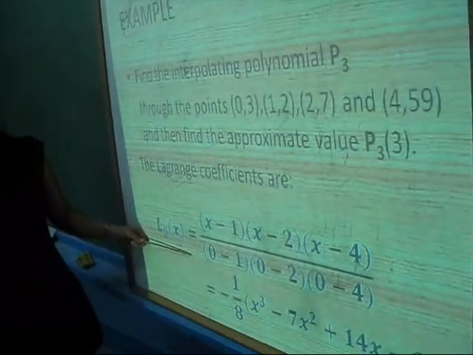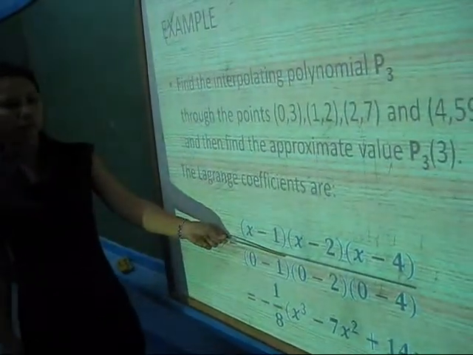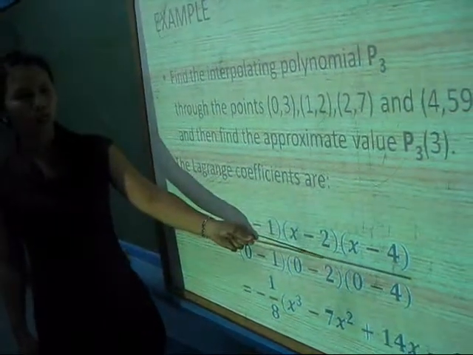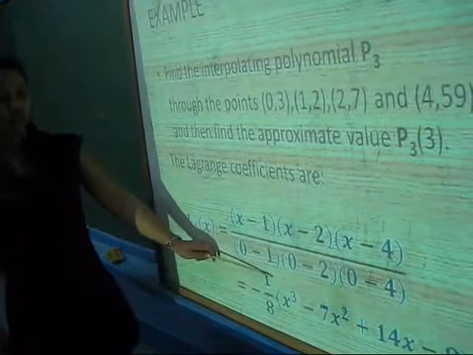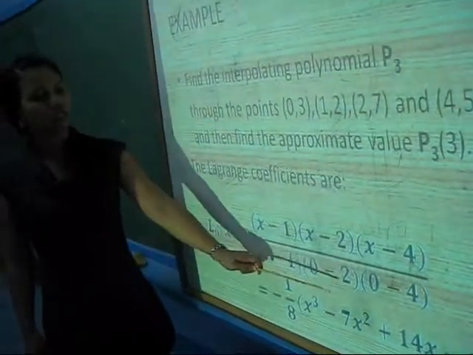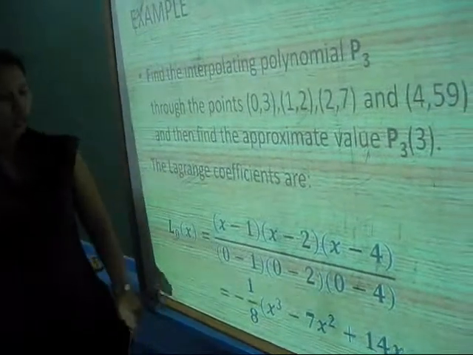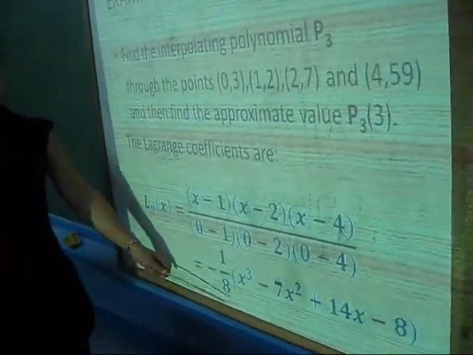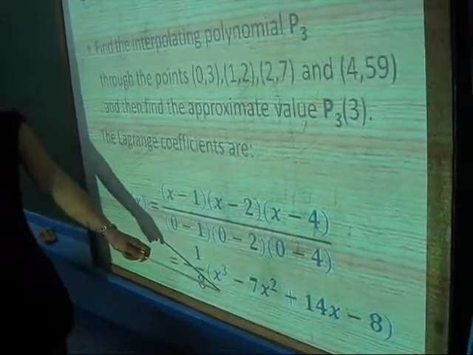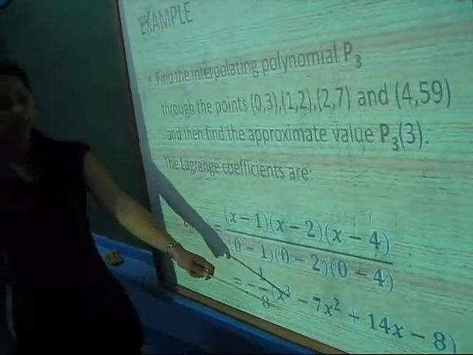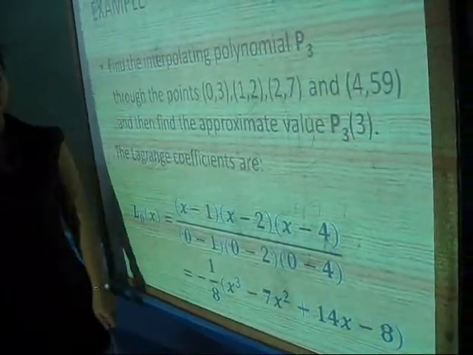L sub 0 of x is equal to x minus 1 times x minus 2 times x minus 4 divided by 0 minus 1 times 0 minus 2 times 0 minus 4, which is equal to negative 1/8 multiplied by x cubed minus 7x squared plus 14x minus 8.